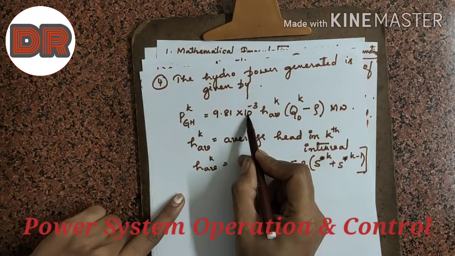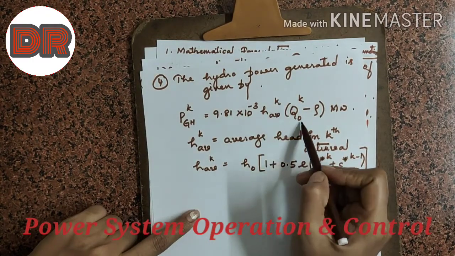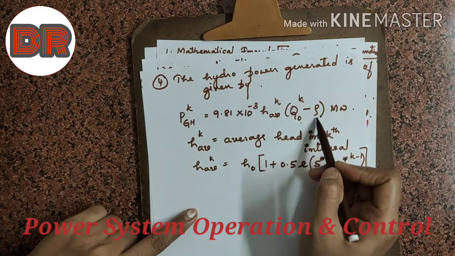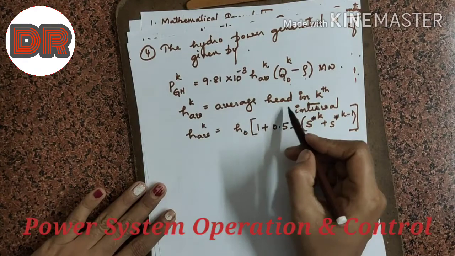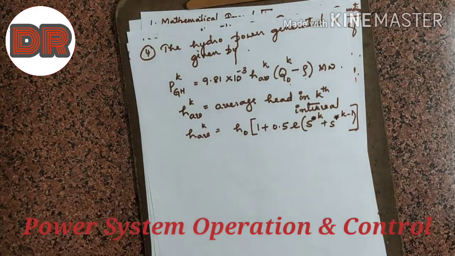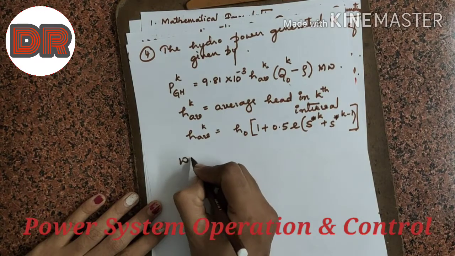9.81 into 10 to the power minus 3, H average in the kth interval, Q naught in the kth interval, and rho. So this is H average, the average head in the kth interval. Head is nothing but the level of water in the reservoir.